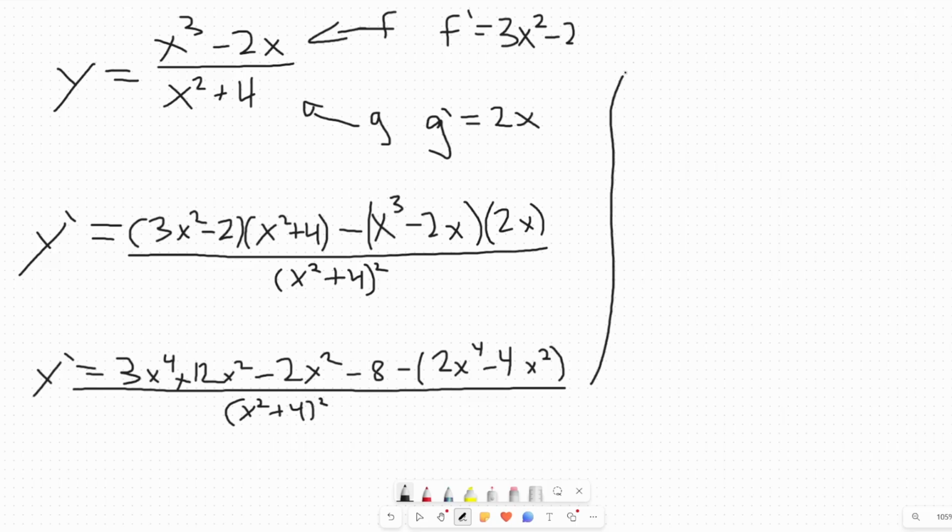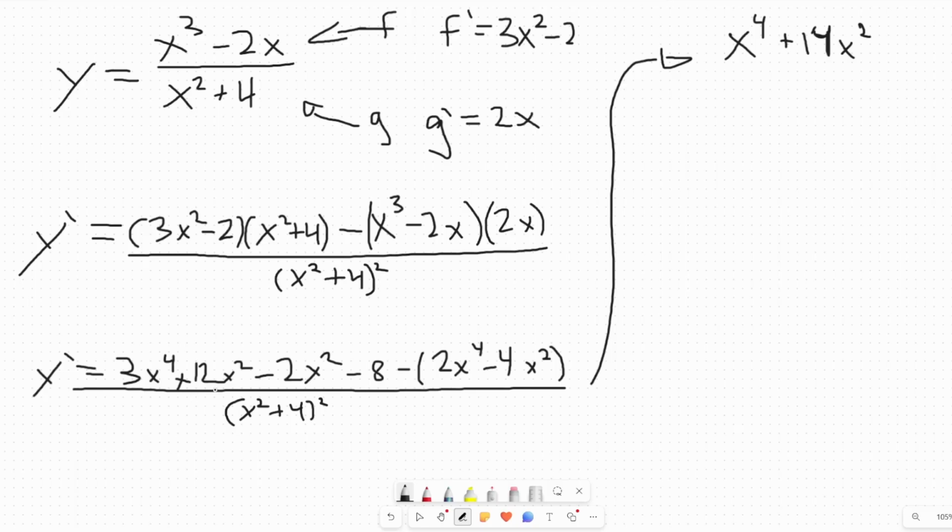Okay, so that simplifies. So 3x to the 4 minus 2x to the 4 is just x to the 4, right? So you have x to the 4, and then 12x squared minus 2x squared is 10x squared, minus negative 4x squared, so plus 4x squared. So you have 14x squared. Okay, 14x squared.